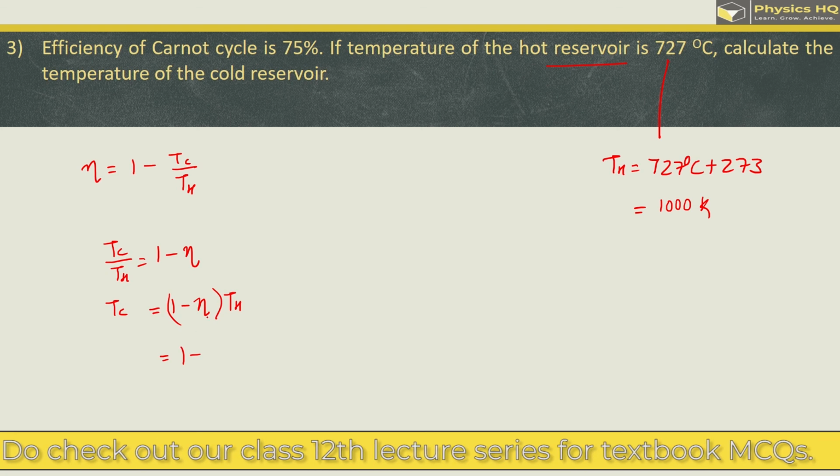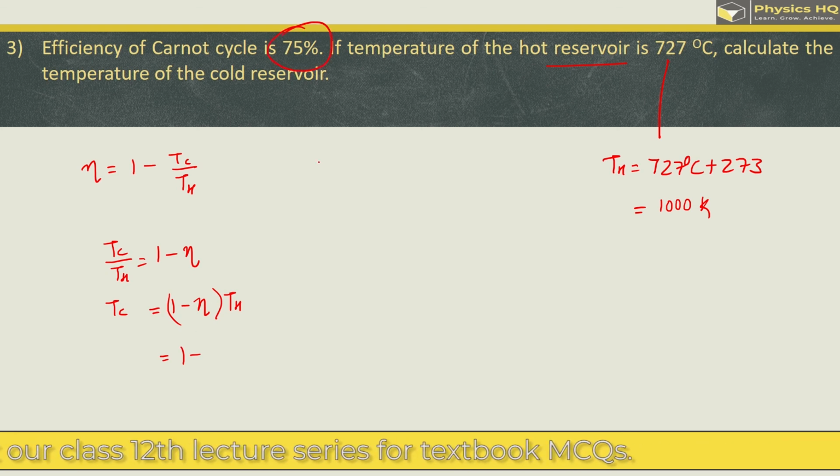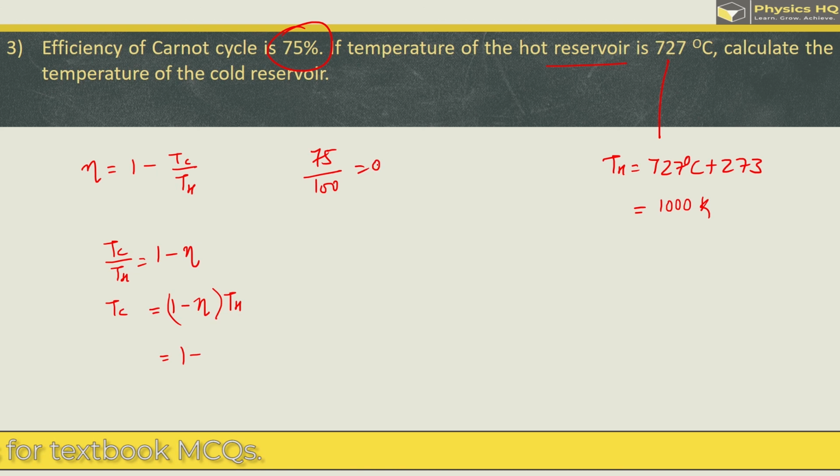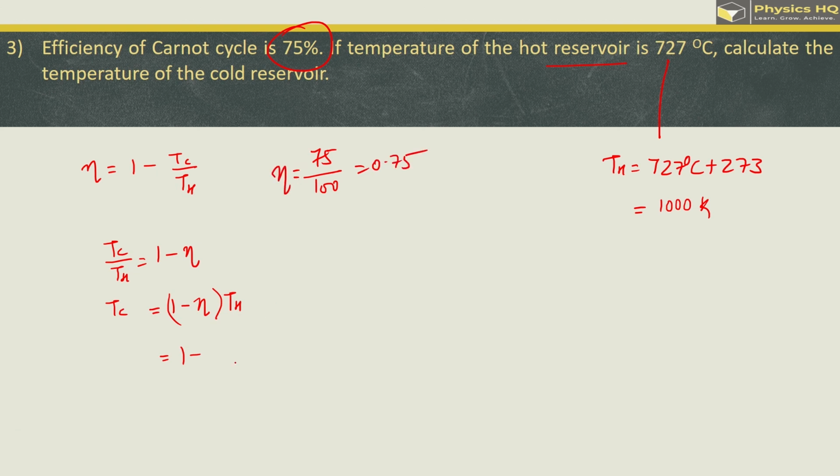So 1 minus efficiency, where efficiency is 75%. So 75% means 75 by 100, which is 0.75. So this is the efficiency. So this is 1 minus 0.75, and temperature of hot reservoir we got as 1000. So this is equal to 0.25 into 1000, which is 250 Kelvin.